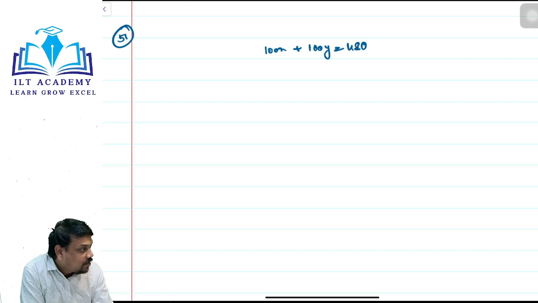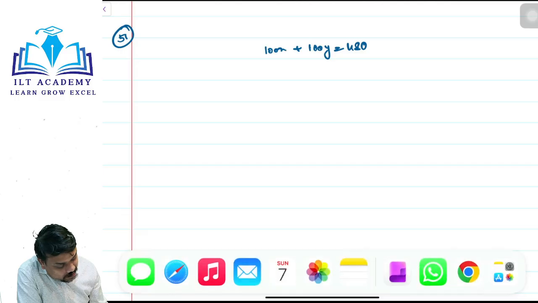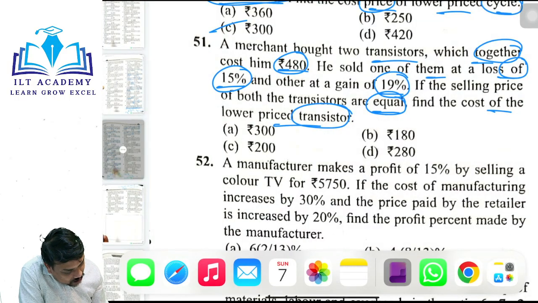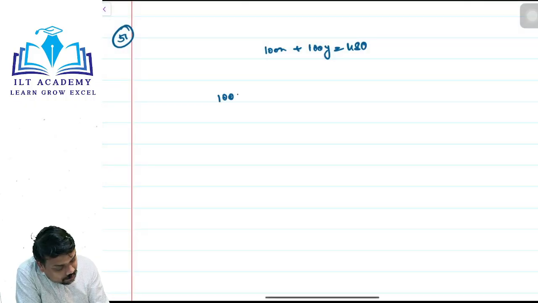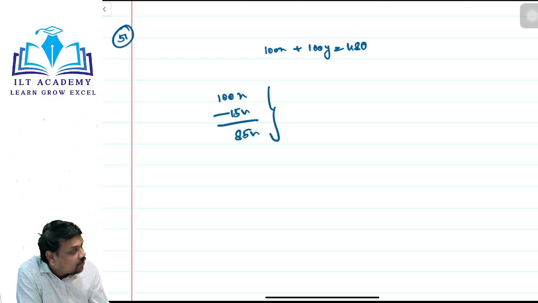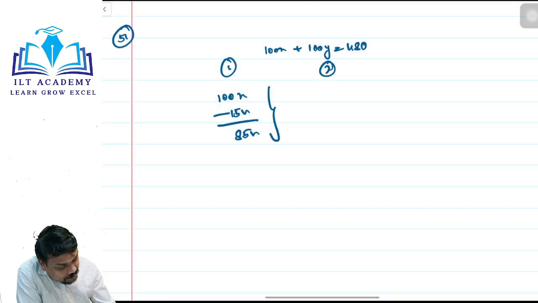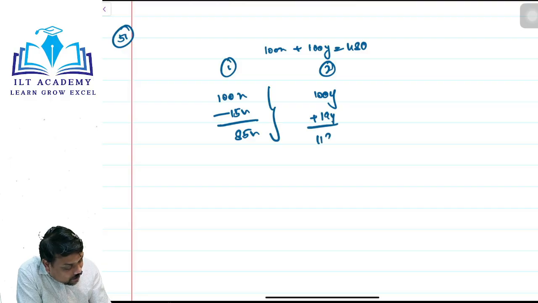Any doubts? Now one thing he's selling at a 15% loss. So 100x minus 15x, then it will be 85x. Any doubts? And the second one he's selling at a gain of 19%. 19% means 100y plus 19y, which is 119y.